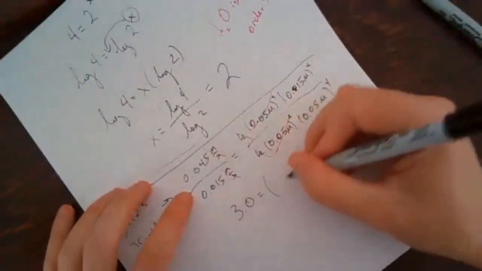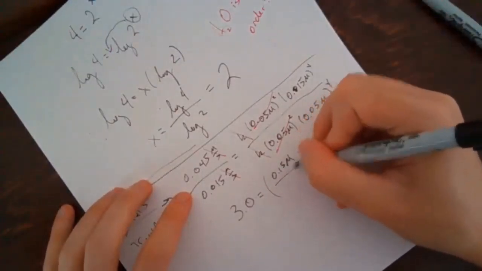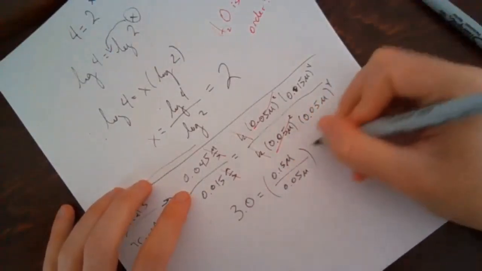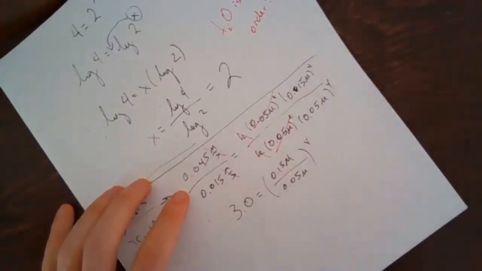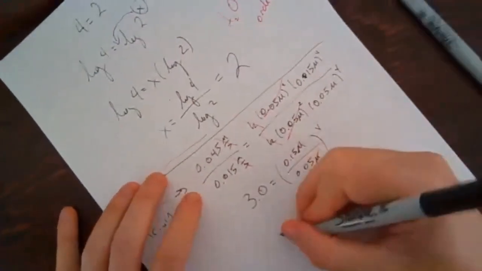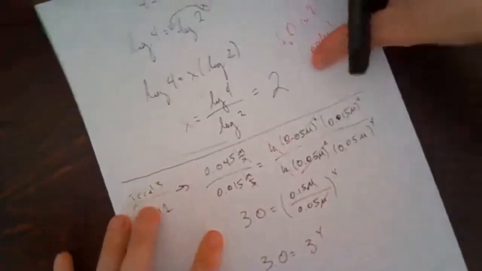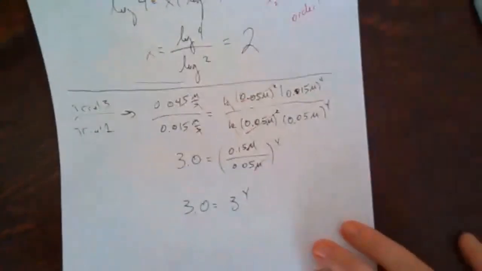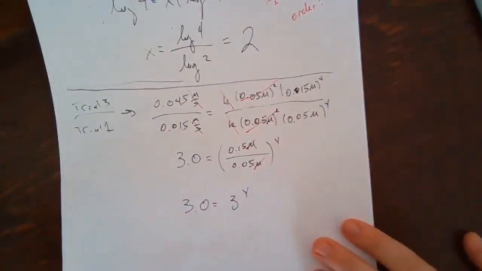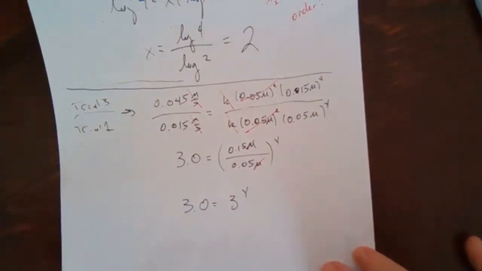And then over here, I can work similarly, and I end up with 0.15 molar divided by 0.05 molar to the Y power. We know those molarities cancel out. Three is equal to 3 to what power?